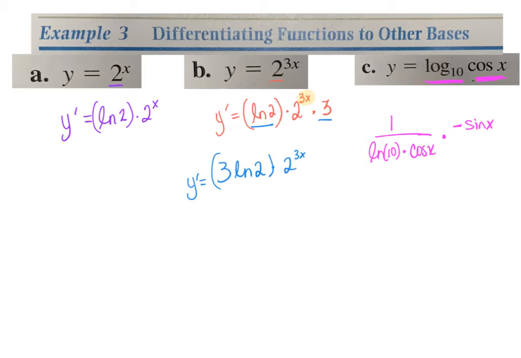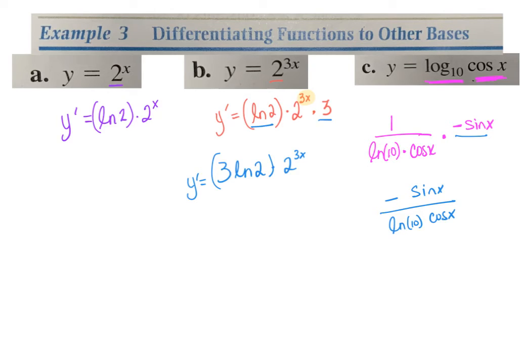All right, so that's what I'm doing. 1 over the natural log of my base times my original function, and all of that times the derivative of my function, negative sine of x. Well, we can simplify this a little bit more. I'm just going to go ahead and multiply it. Negative sine of x over natural log of 10 cosine of x.